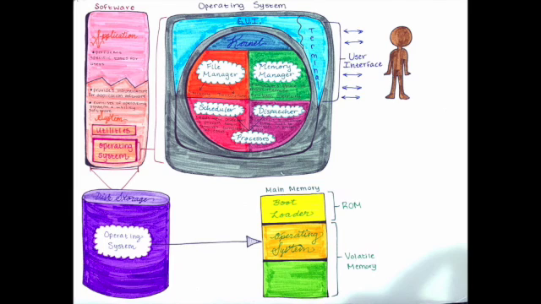Now we're going to go down to the bottom to look at the disk storage. The operating system is located within disk storage, and the disk storage is mass storage. Within main memory, we have two main parts, the ROM and the volatile memory. ROM is your read-only memory, and your volatile memory is going to be the RAM, or random access memory.